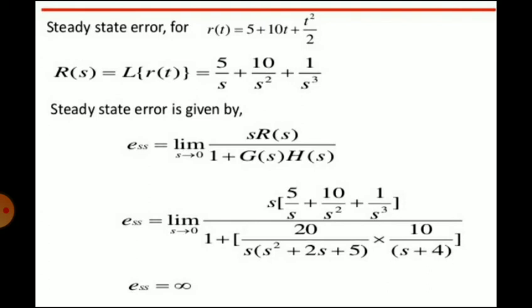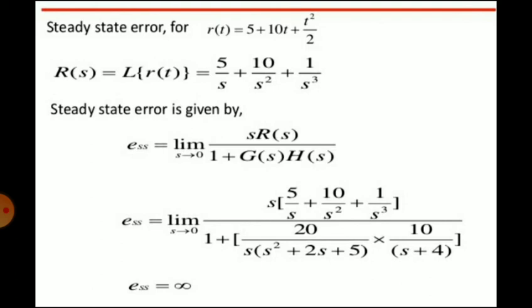So for that input, you have to take the Laplace, that is R(s), the Laplace of the reference input: 5 upon s + 10 upon s square + 1 upon s cube. So the steady state error is given by ess equal to limit s tends to 0 of s R(s) upon 1 + G(s)H(s).